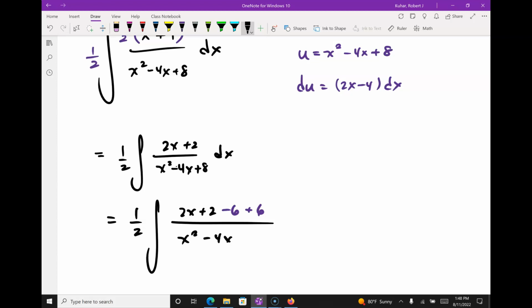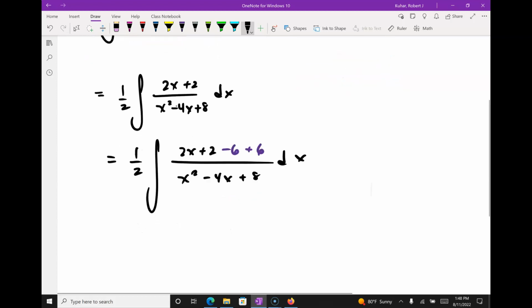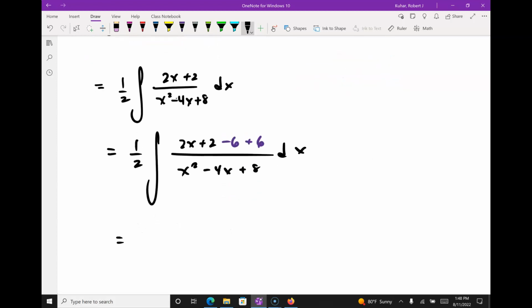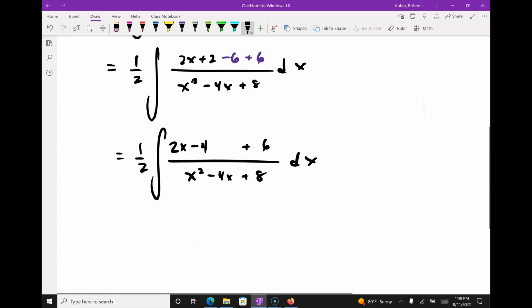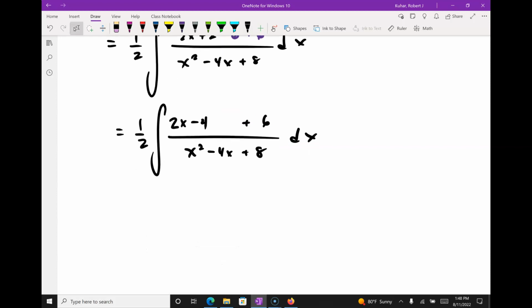Oh, plus 8 here, sorry. What do I want upstairs for my u sub? I want 2x minus 4, right? You with me? Nice. So if I divide and conquer, you see I have a 2x minus 4, and then I have a plus 6. Yeah, you with me?